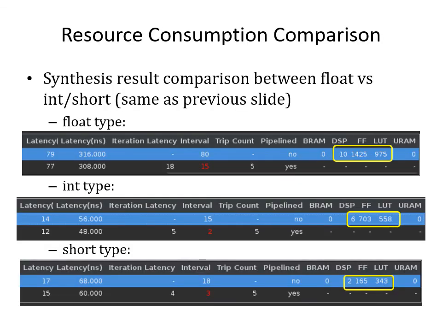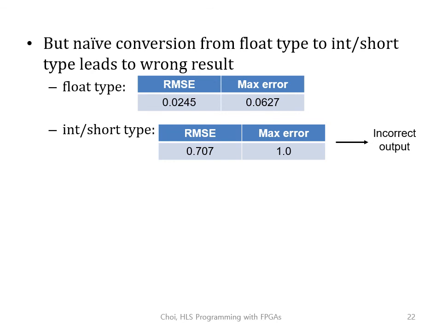All right, so let's look at the synthesis reports we saw earlier in this lecture. Changing a float type to int or short reduces the DSP, flip-flop, and LUT consumption by a lot because fixed point operators are much simpler than the floating point operators. But we also saw that simply changing float type to int or short type leads to wrong result, right?